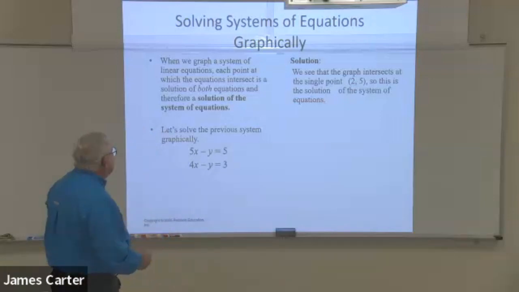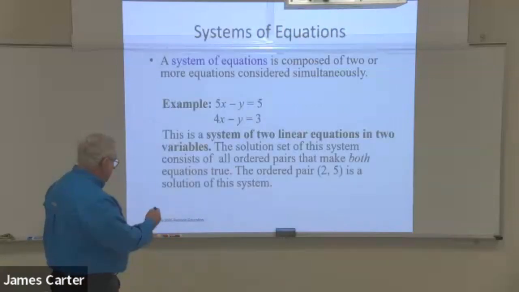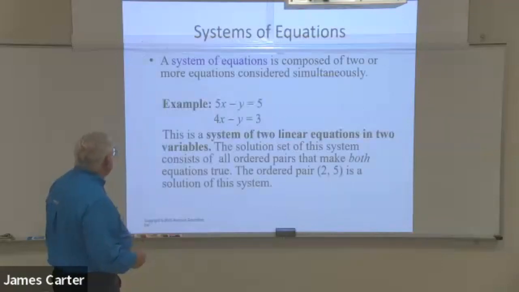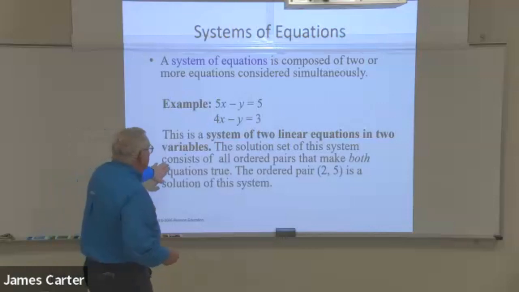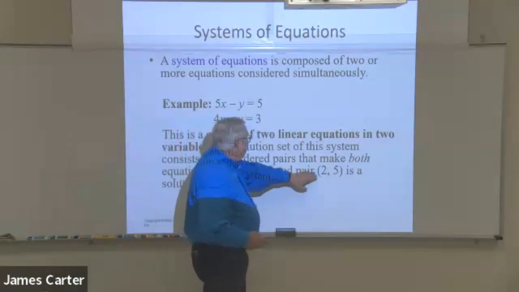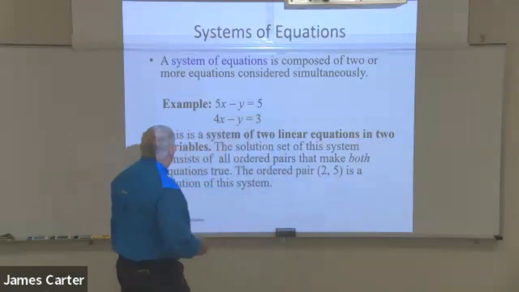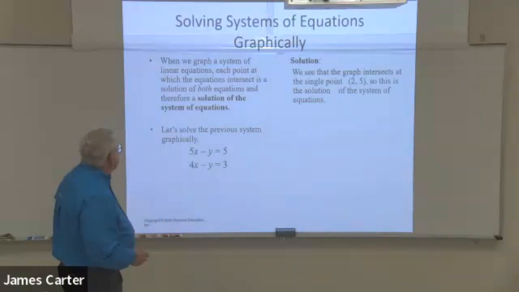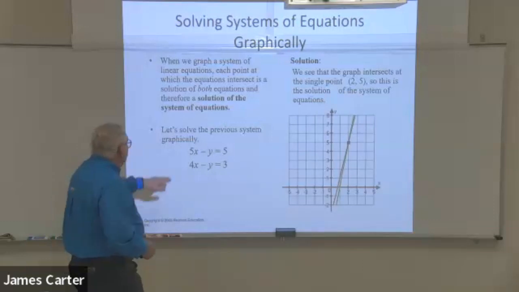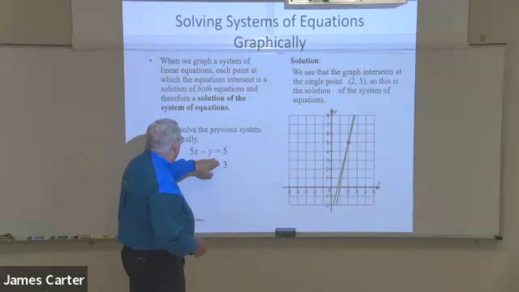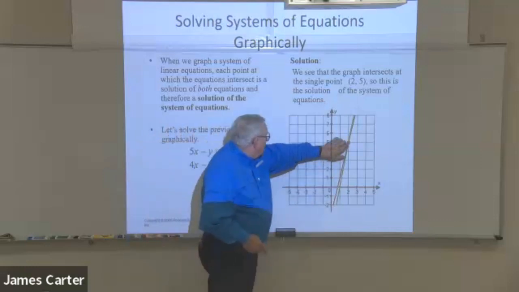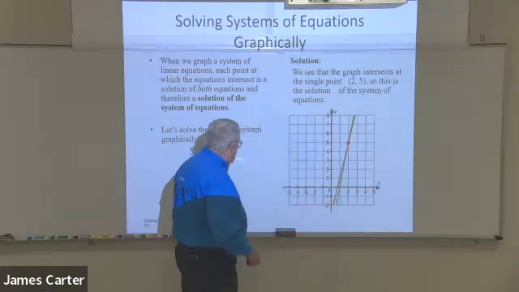So in this particular case, what they're telling us is that the 0.25 is a solution of those two. If we take this one and we graph it, and we take this one and we graph it, we come up with the common point.